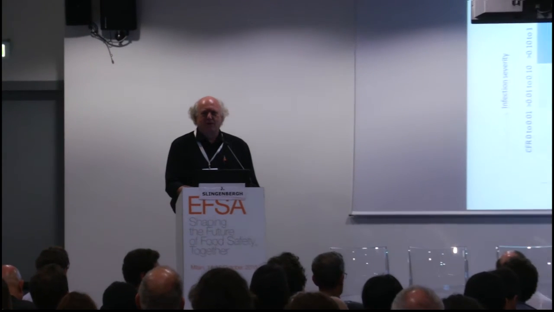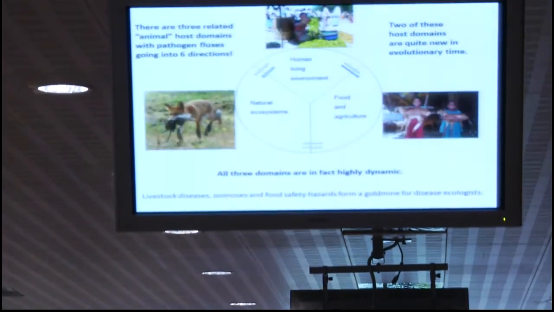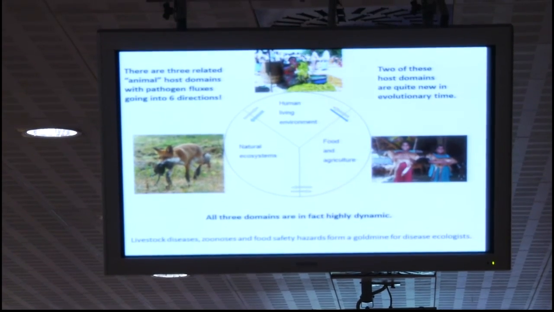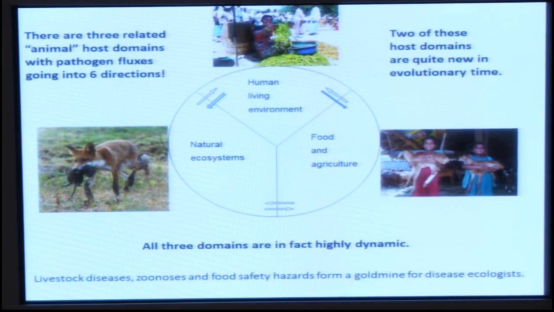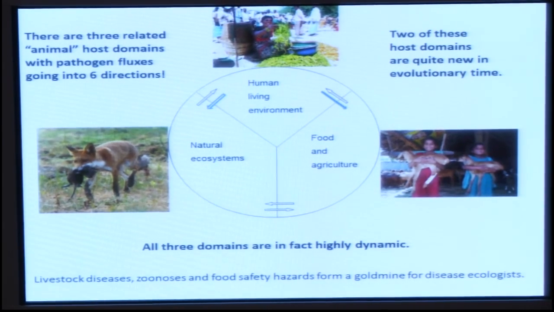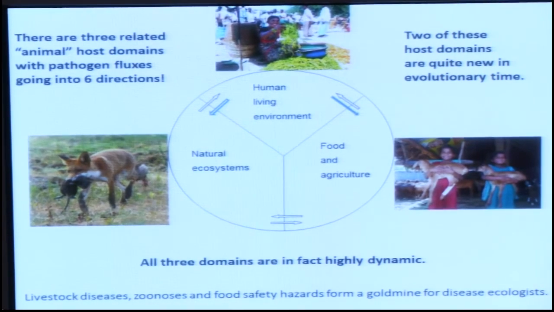So we have an infection plane that we wish to populate with pathogens, with viruses. We can select from actually 3 different but related animal type host domains. We have people, we have livestock, and we've got wildlife.